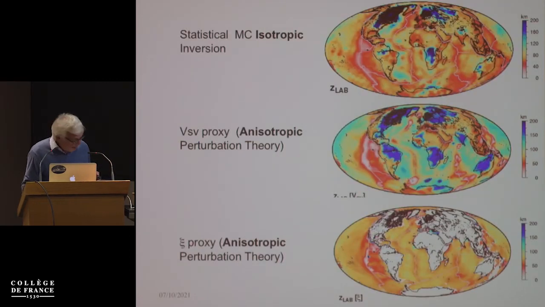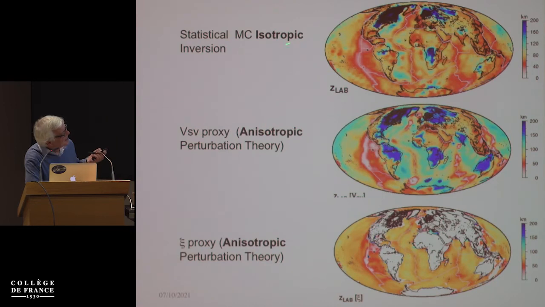And so if we consider these three maps, isotropic S-wave velocity, anisotropic VS velocity, and radial anisotropy, we have for S-wave the same kind of geographical distribution, but a different depth for the different geological objects.